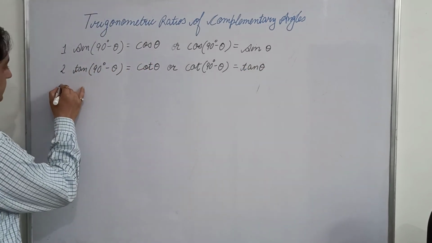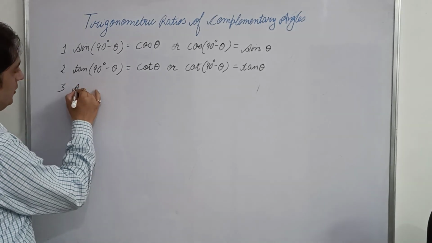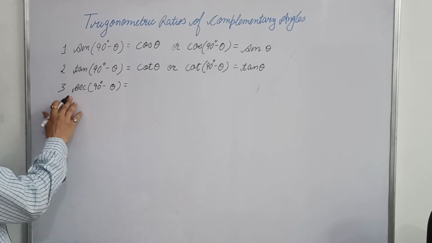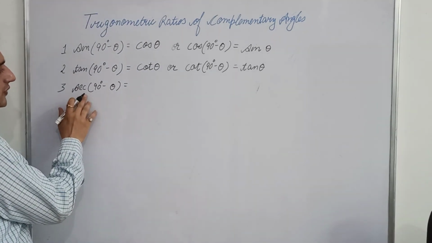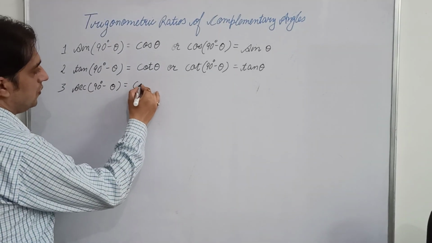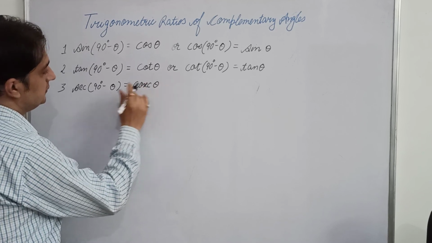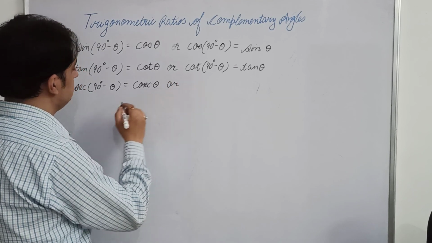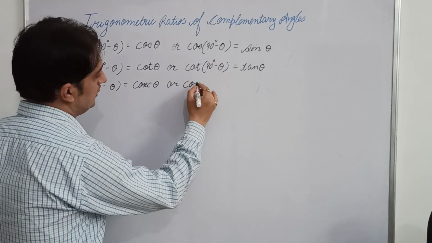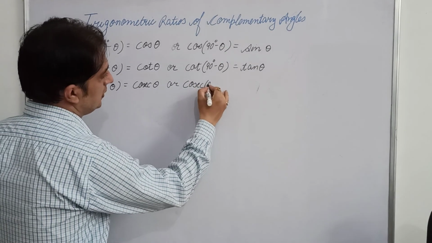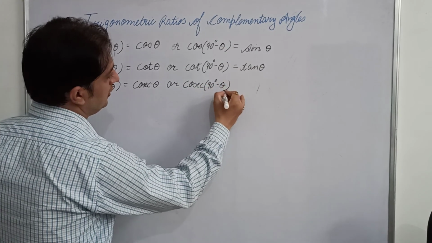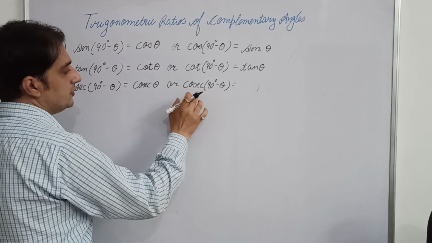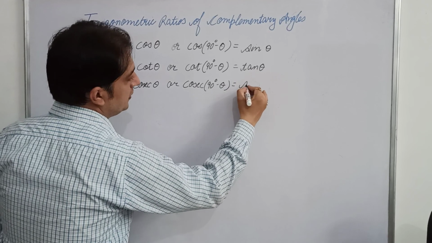Third is secant of 90 degrees minus theta. The value of this T ratio is equal to the cosecant of the complementary angle, that is theta, or the cosecant of 90 degrees minus theta is equal to secant theta.